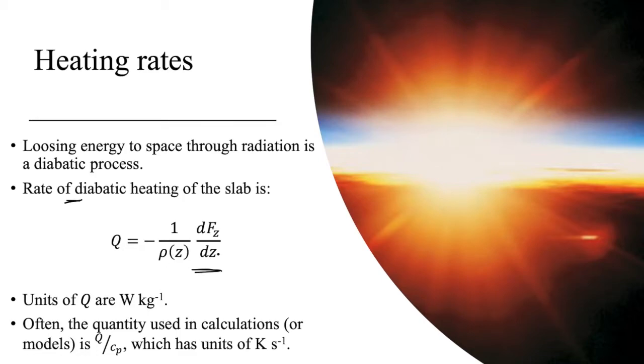If the atmosphere is less dense, then there is a different amount of heating than when it is more dense, just because there are more atoms on which scattering can happen. Q, this quantity here, is given in watts per kilogram.